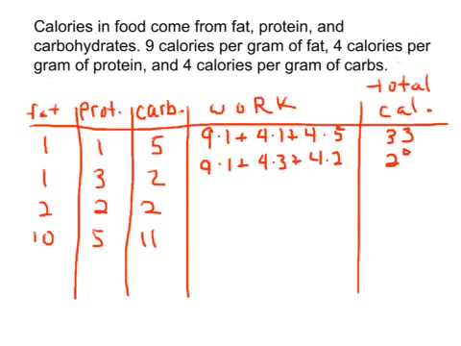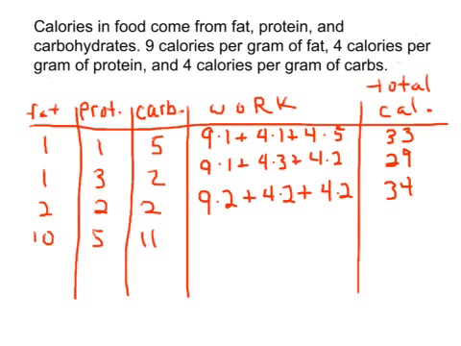So that one actually has a few less calories in it. What happens if it's an even distribution of grams of fat, protein, and carbs? So that would be 9 times 2 plus 4 times 2 plus 4 times 2. So that's 18, and 8 is 26, and 8 is 34.